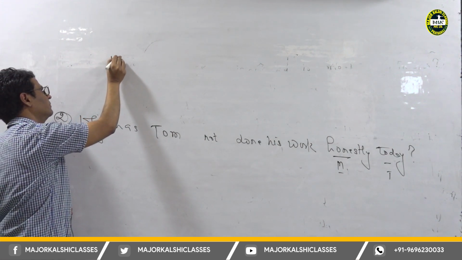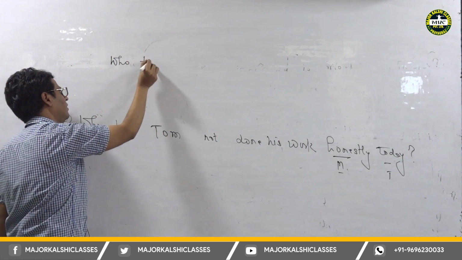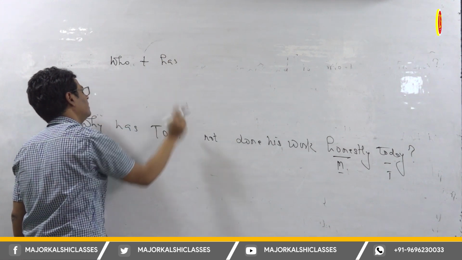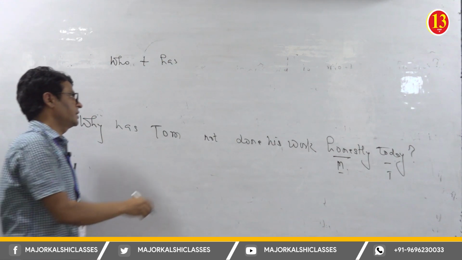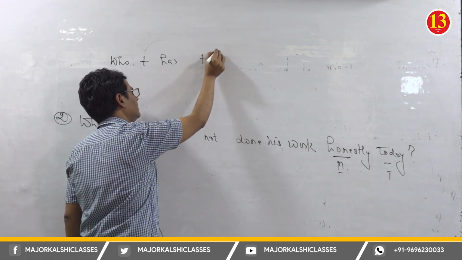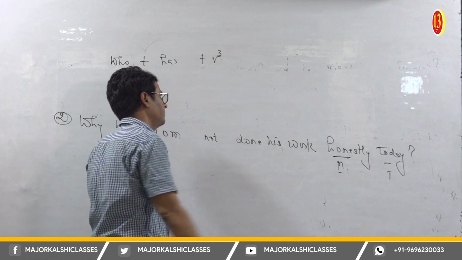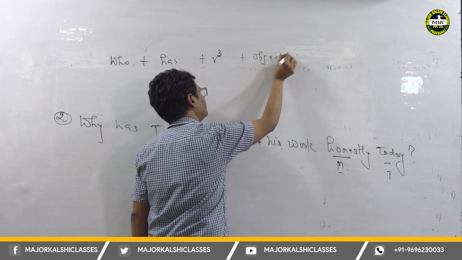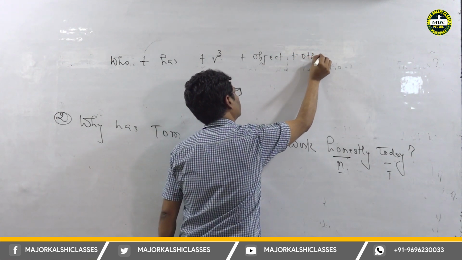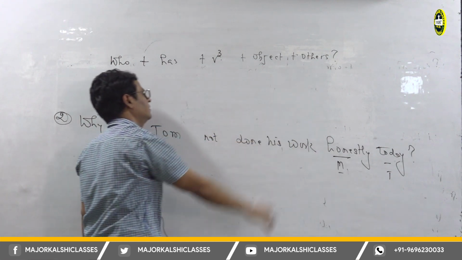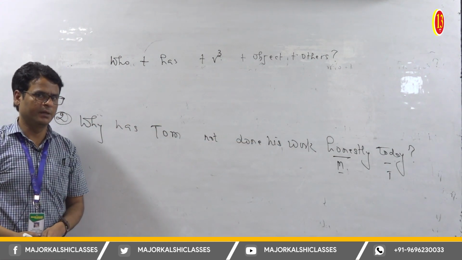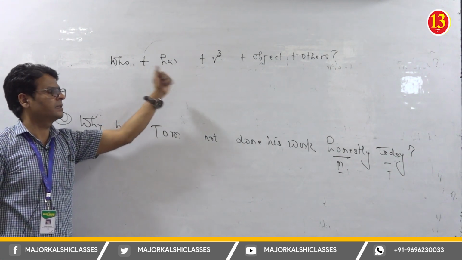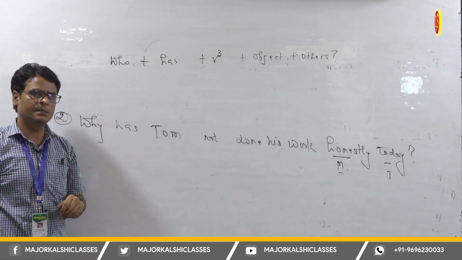So if you find who, we have to use has, not have, because who is a singular expression. And after that we need the third form, that is called past participle, and object, after that others. This is the pattern, which you have to apply properly here: who plus has plus third form of the verb plus object plus others.